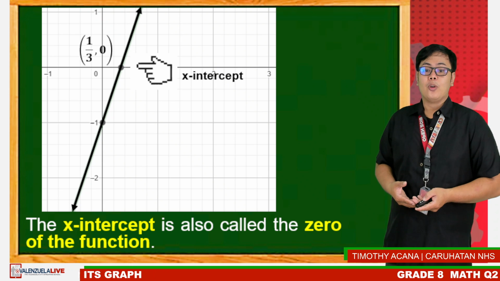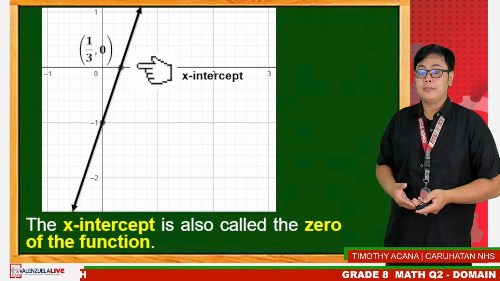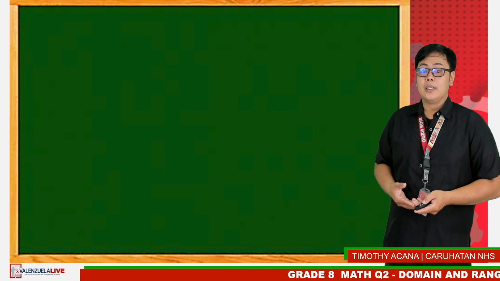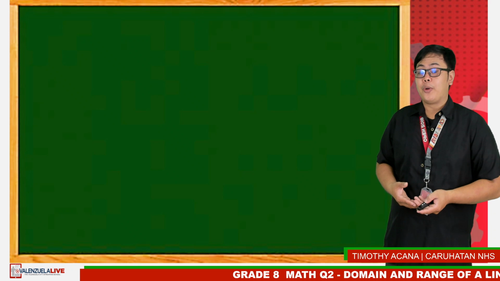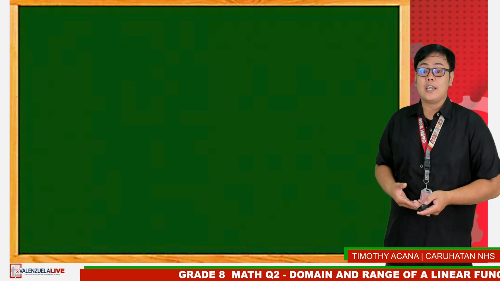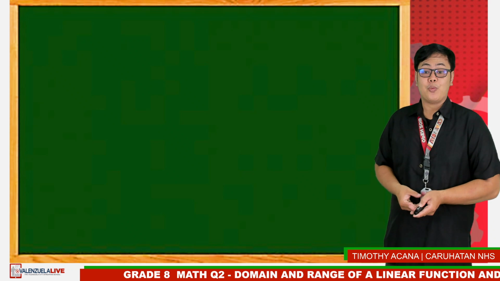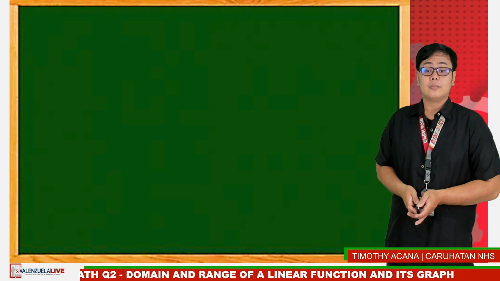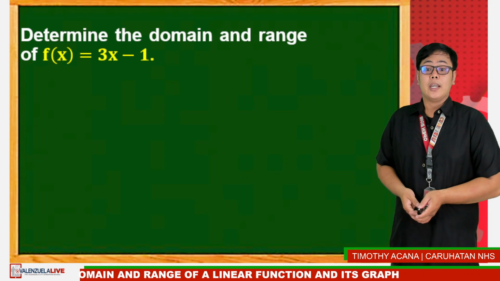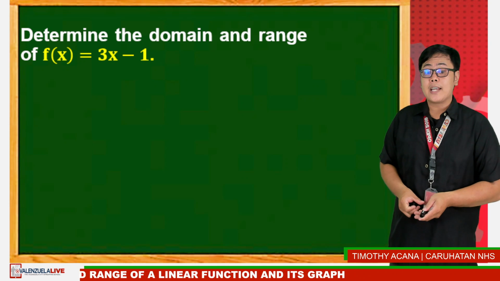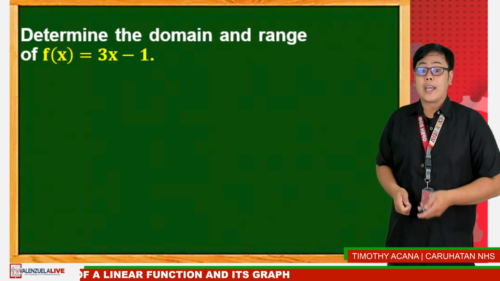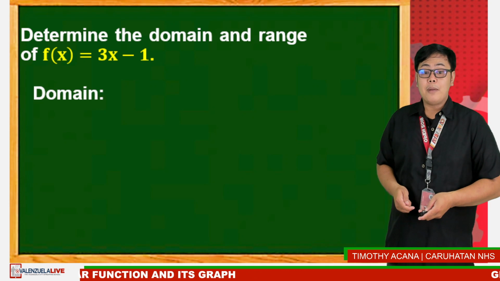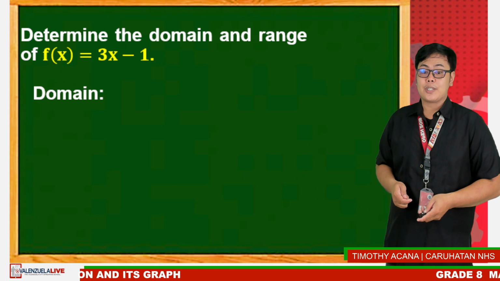Lastly, we are going to determine the domain and range of f(x) = 3x - 1. The domain and range of f(x) = 3x - 1 are both the set of real numbers.